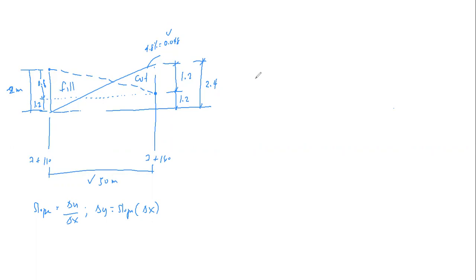From this figure, we can determine the slope of the new road. This is 0.8 over 50, considering this triangle, so this gives us 0.016, or in decimal, 1.6%. So this is the answer to part A.